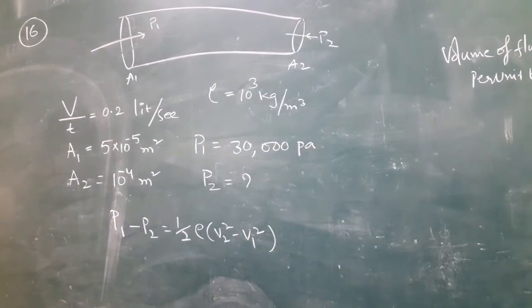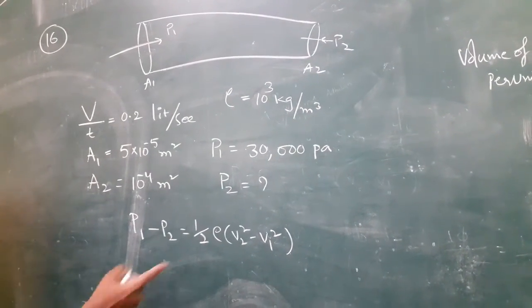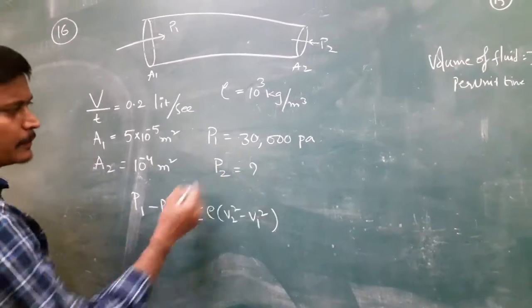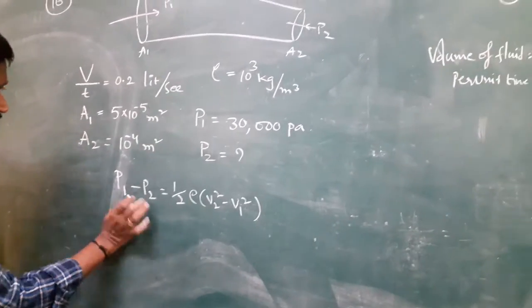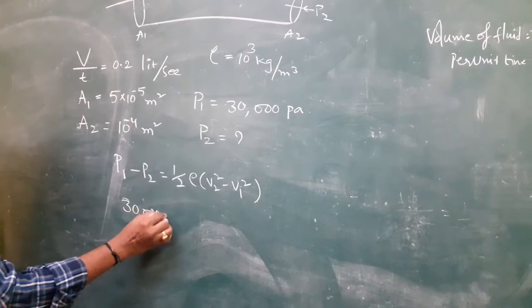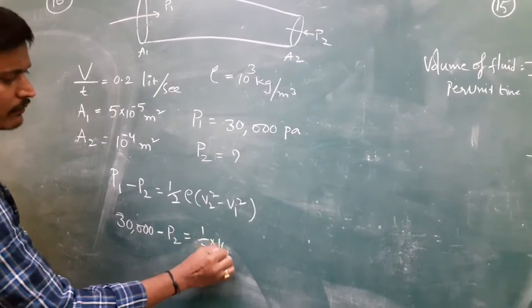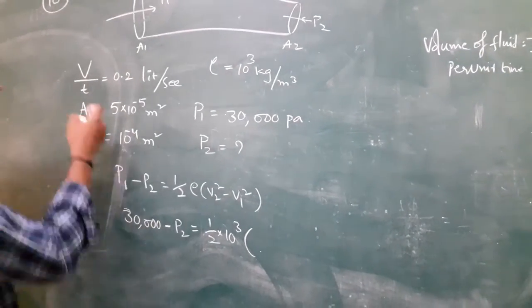The pressure at the first end is given; the pressure at the second end we can find. So P1 minus P2, with P1 equal to 30,000 minus P2, equals half into rho, 10 power of 3, into V2 square minus V1 square, where V1 and V2 values we can find.